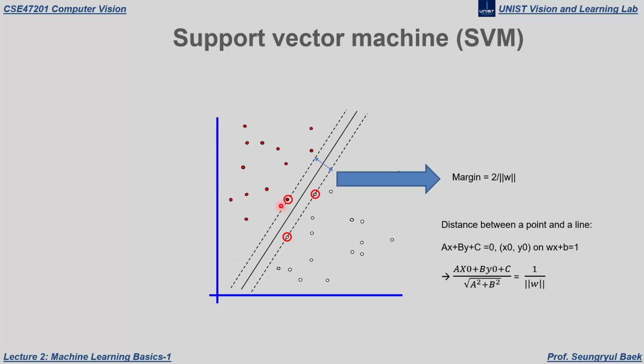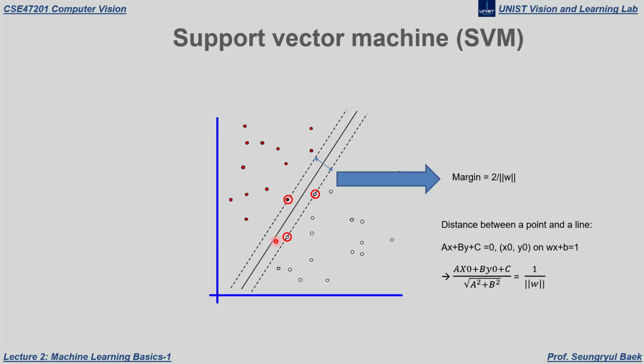Let's assume that one point, (x0, y0), is lying on this line, and we want to find the distance between this (x0, y0) and the straight line whose equation is Wx plus b equal to 0, right? Then the formula is like this.